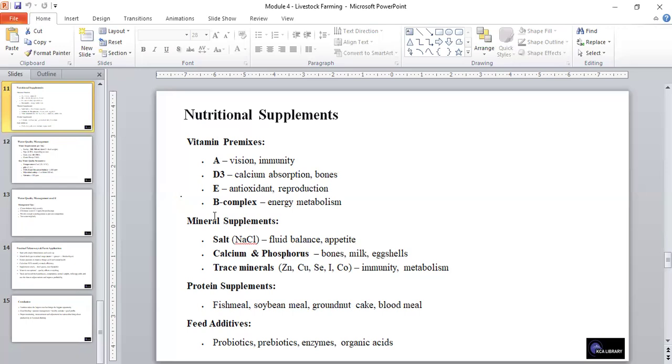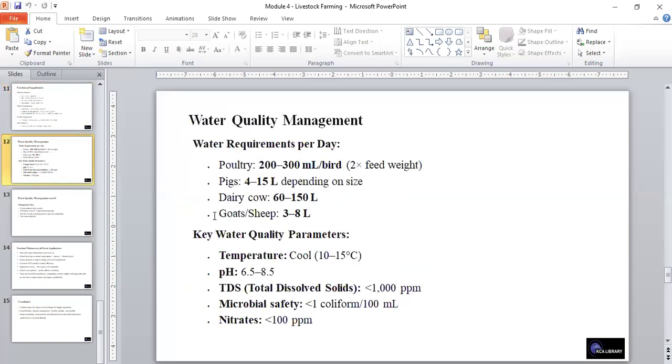Protein supplements such as fish meal, soya bean meal, groundnut cake, bone meal are also good supplements for animal growth. Then there can also be feed additives, for instance, probiotics, prebiotics, enzymes, and organic acids.